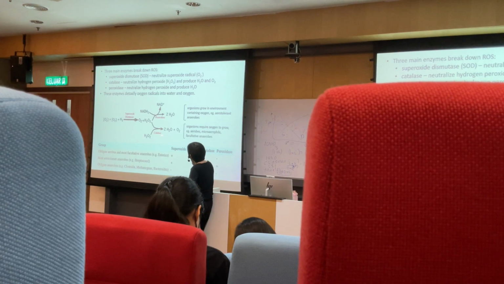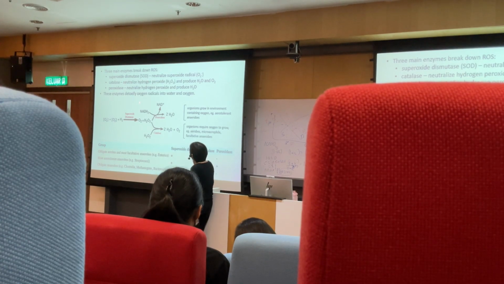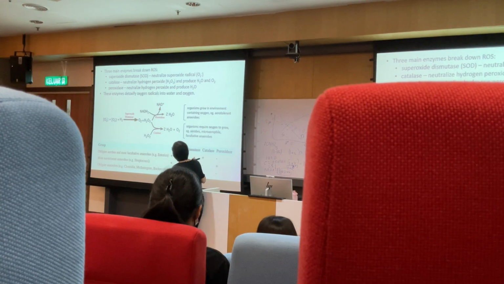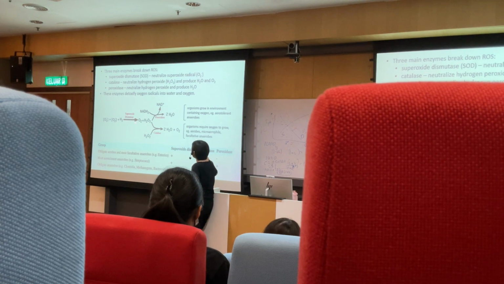They do not have catalase, but they have peroxidase, which converts all these ROS into water. They are not afraid, because the presence of oxygen can generate toxic ROS, so they have the enzymes to break it down into something that is not toxic. That's why they are aerotolerant anaerobes.